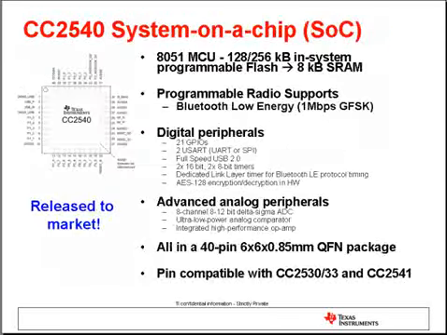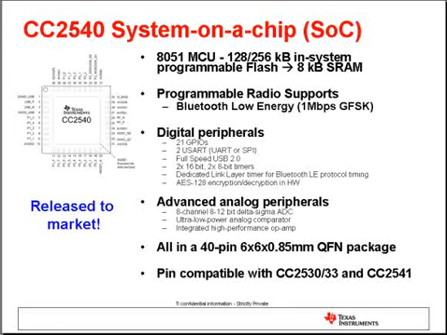Let's briefly look at the CC2540 from a hardware standpoint. The 2540 runs on an 8051 MCU and comes in two flavors, 128 and 256 kilobytes, with an 8 kilobyte SRAM. In terms of digital peripherals, 21 GPIOs are available and 2 USARTs, UART or SPI, a full-speed USB 2.0, as well as two 16-bit and two 8-bit timers are included, and built-in 128-bit AES encryption-decryption in the hardware.